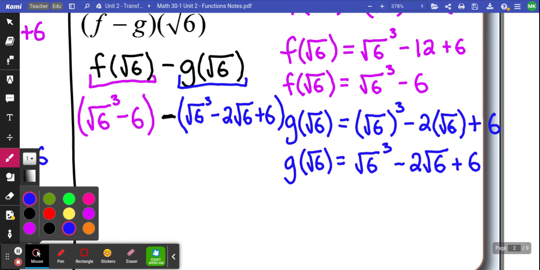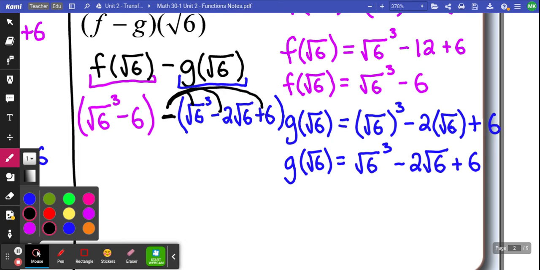If you don't put brackets here, then you usually make the error of forgetting to subtract everything. So make sure that this subtraction sign goes to everything in the blue. So it looks like this. It goes in here, in here, in here.